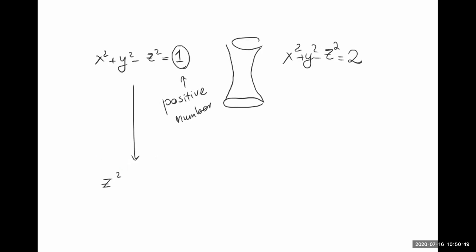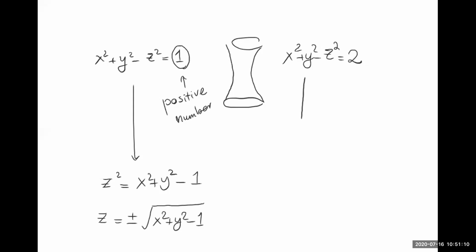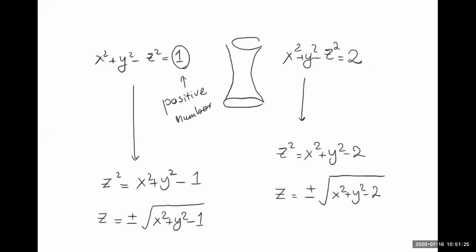In the first case, z squared is equal to x squared plus y squared minus 1. So if you take the square root, z would be plus or minus the square root of x squared plus y squared minus 1. In the second case, z squared is equal to x squared plus y squared minus 2, which means z is plus or minus the square root of x squared plus y squared minus 2.